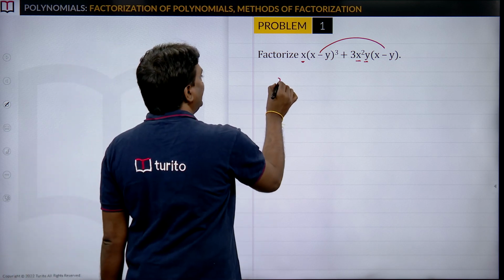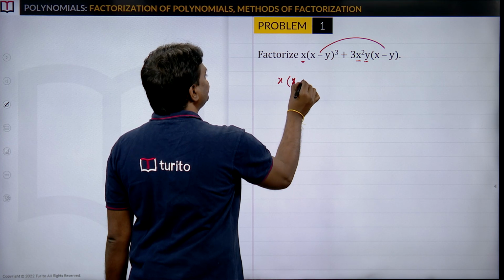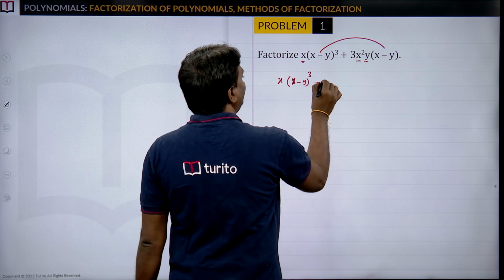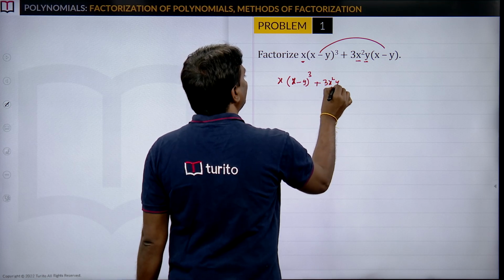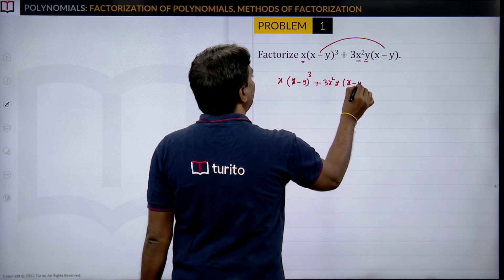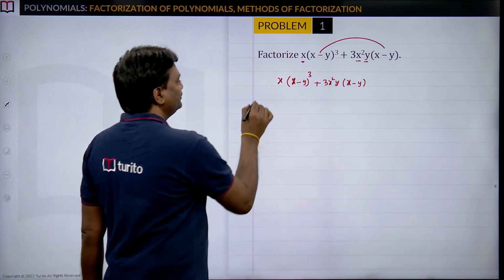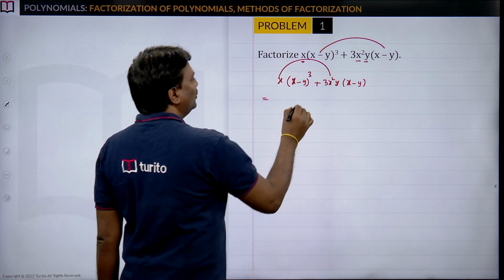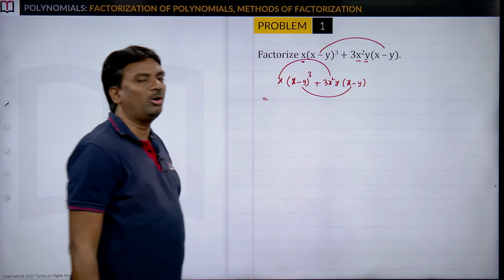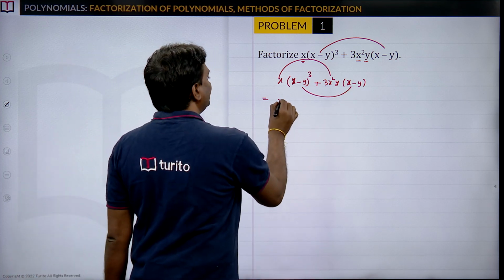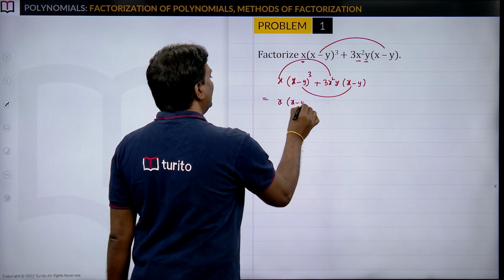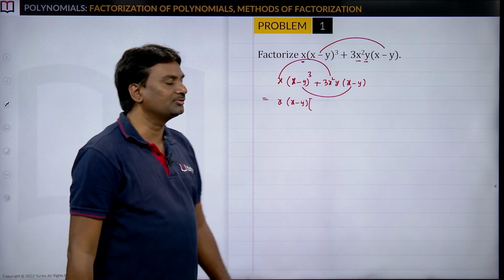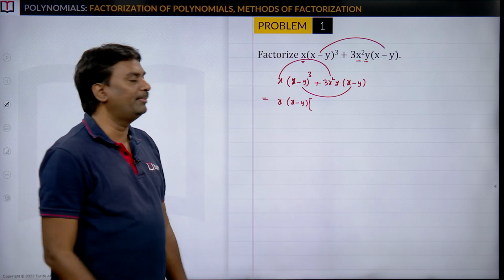So, in the given expression x into (x minus y) whole cube plus 3x square y into (x minus y), we can take x as common factor. Also, we can take x minus y as common factor. So, by taking x into (x minus y) as common, since we have taken x as common, here we have 1.